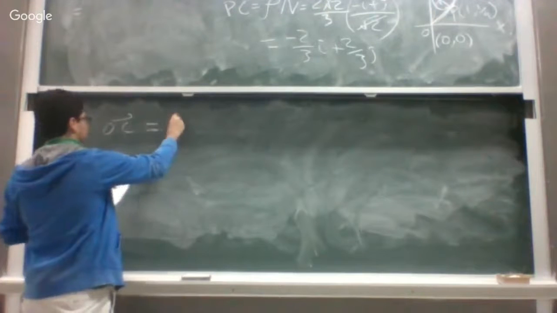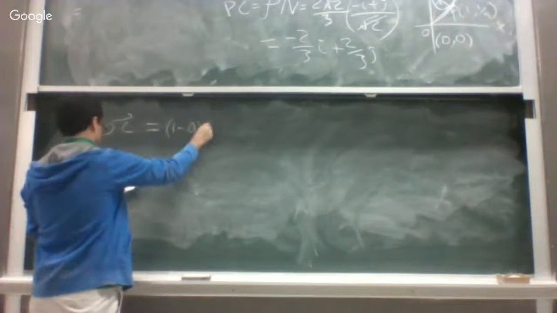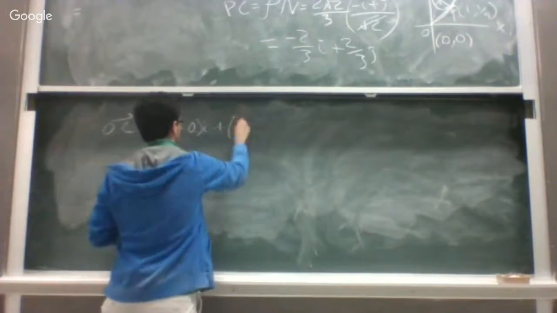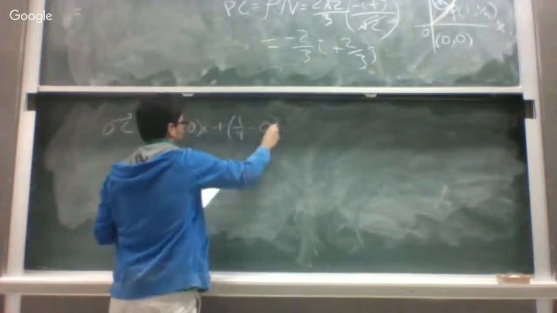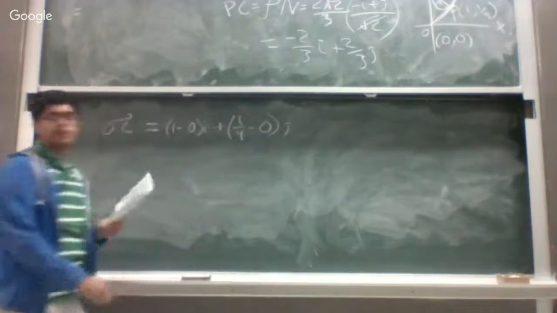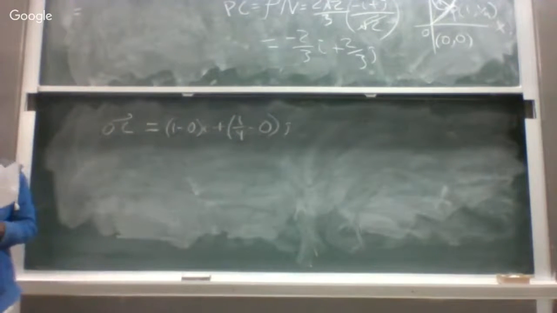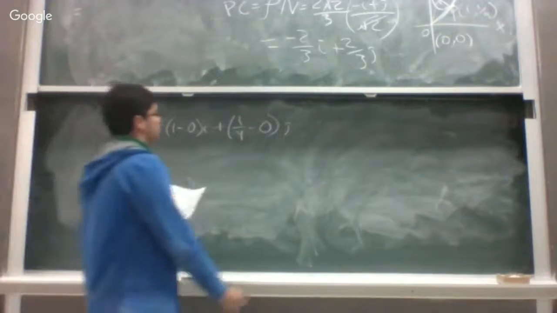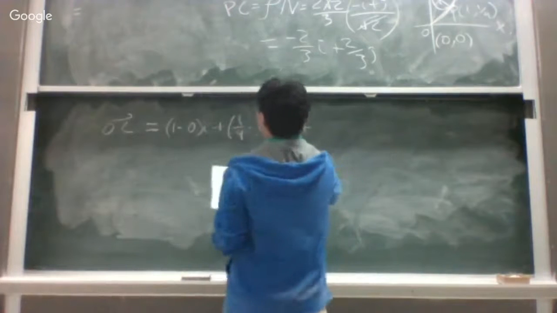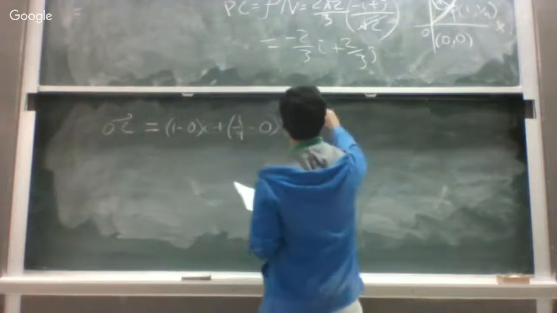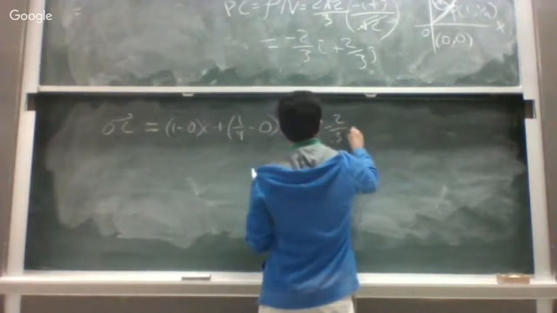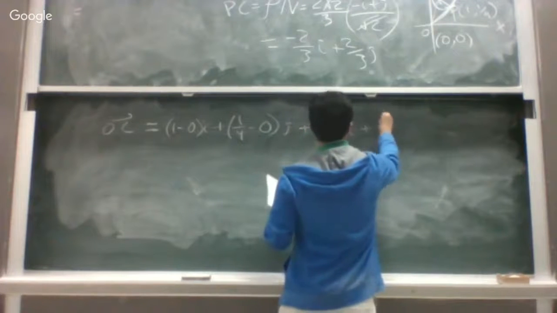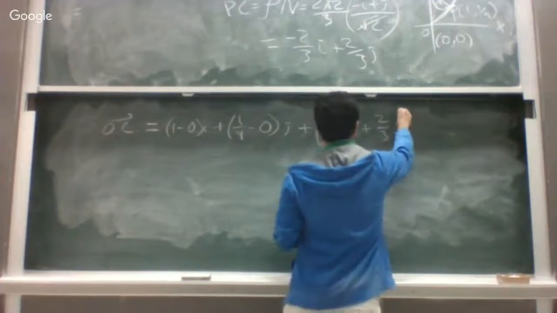So we'll have 1 minus 0 i plus 1/4 minus 0 j. Did that make sense? Because origin is 0, 0, and we have the point. Plus the vector PC, which is negative 2/3 i plus 2/3 j.